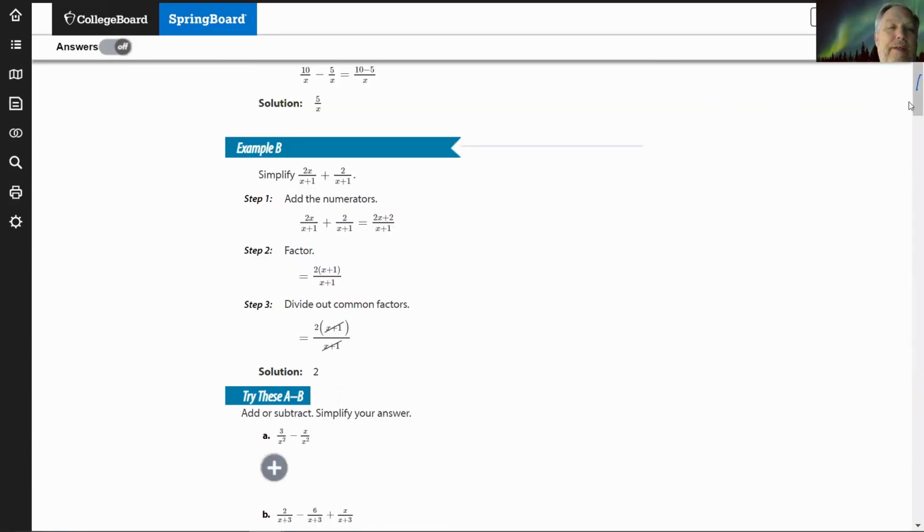Example B is a little bit different. Instead of the common denominator being just a monomial, we have 2x over x plus 1 plus 2 over x plus 1.